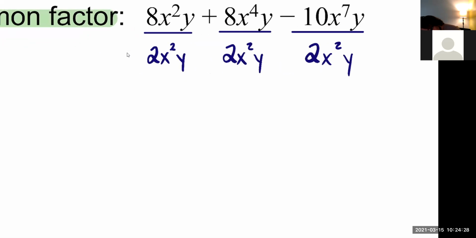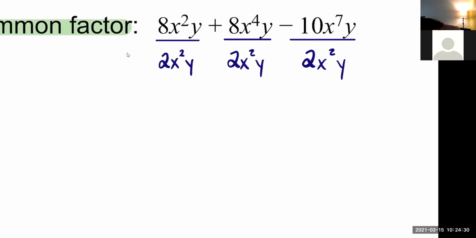Okay. Now, if I was just doing this from scratch, I would write that greatest common factor off to the side. Before I divide, 8 divided by 2, 4. X to the second divided by x to the second is gone. Y divided by y, also gone.